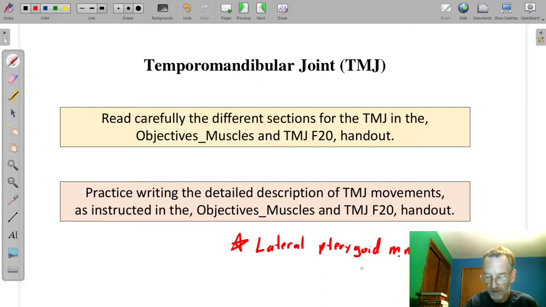For muscles, so lateral pterygoid muscles and the TMJ. That's where you'll want to focus when you get to that point, which we will discuss in this lecture. So let me bring up again the objective sheets quickly.